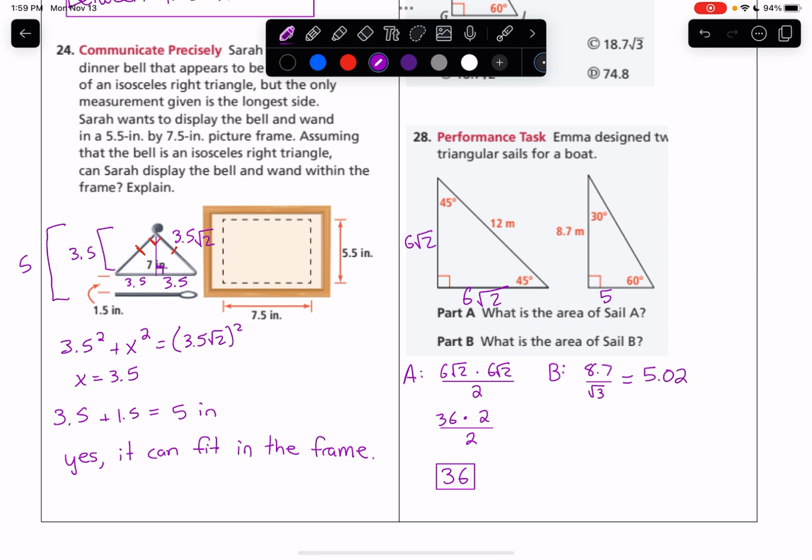So 5.02 is going to be the base length. So we'll do base 5.02 times height, 8.7, divided by 2, and we'll get around 21.84 units squared, meters squared.